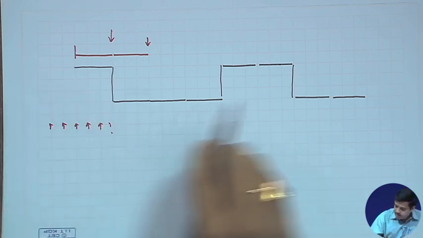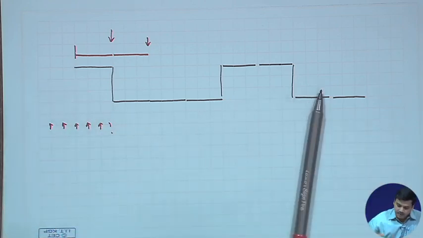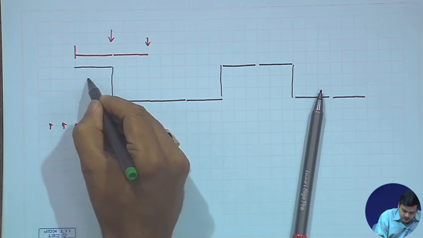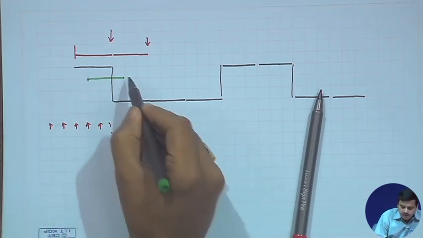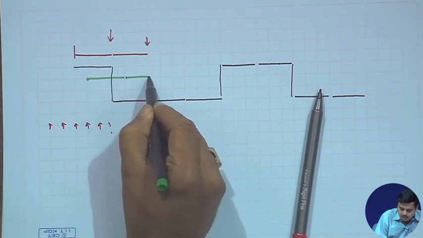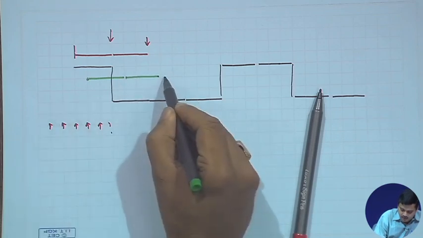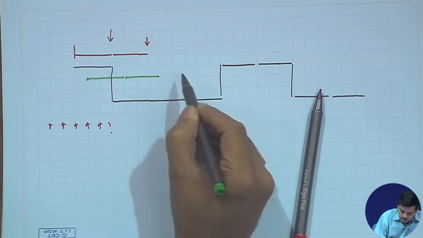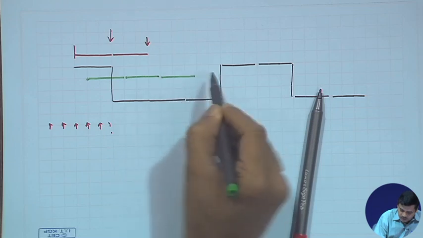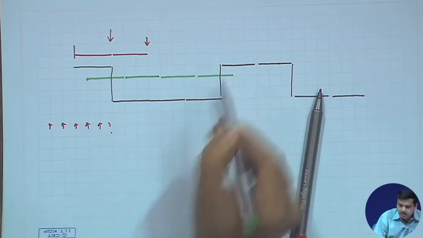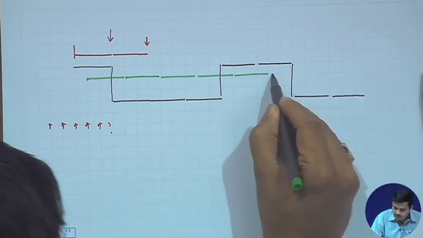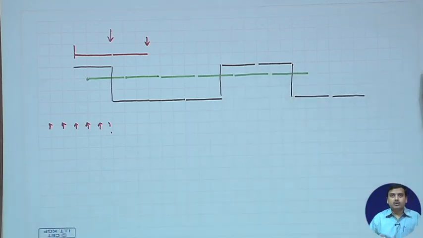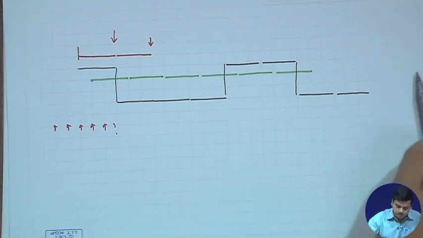But the receiver could by mistake start here and measure T, start here, measure T, start here, measure T, and start here and measure T, and so on and so forth. So, these are the intervals which the receiver is measuring. So, note all of them are T.